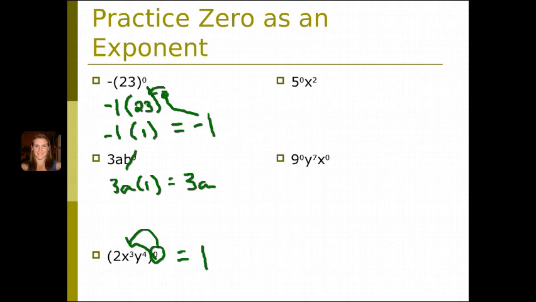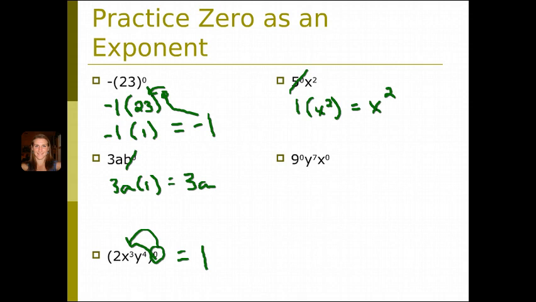Our next example, 5 to the 0 power x squared. 5 is the only number with the power of 0, so that cancels out to 1 times x squared, which is simply x squared. And then our final example, we have two different bases raised to the 0 power.